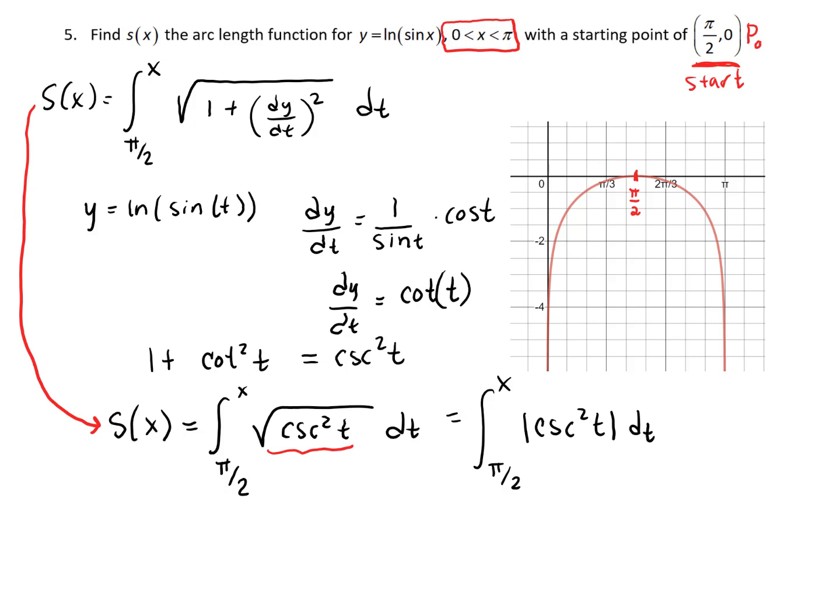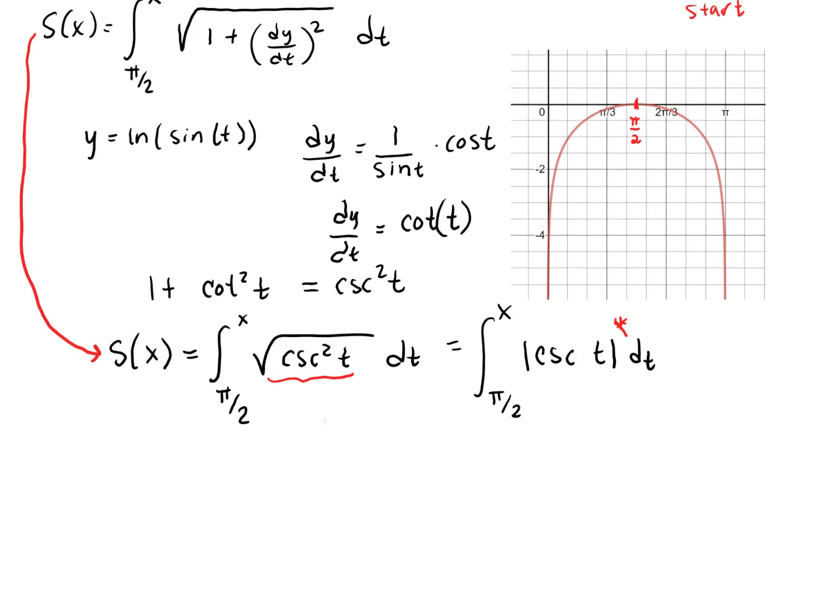But since we're only looking at it from 0 to pi, that is actually a positive function from 0 to pi. So again, remember, cosecant is defined as 1 over the sine of t, and sine is positive from 0 to pi. So keeping in mind that on that restricted domain, we can drop the absolute value when we take the square root.